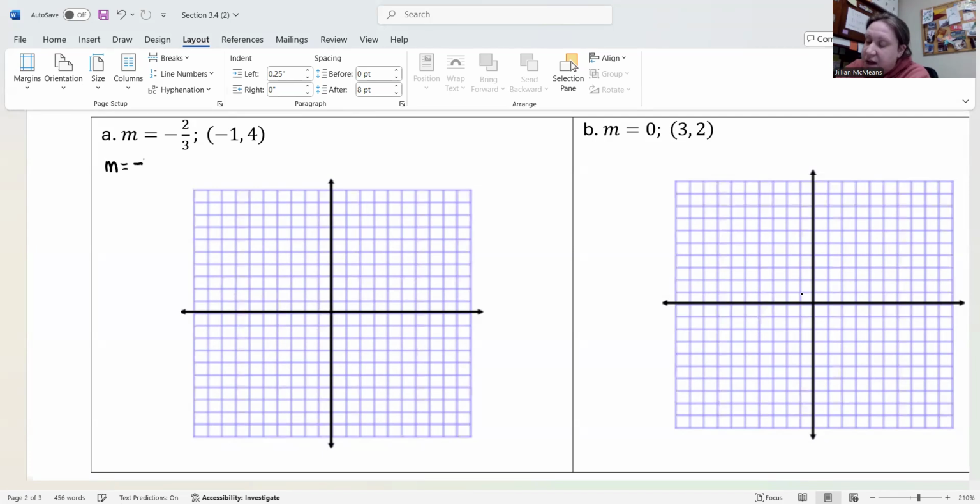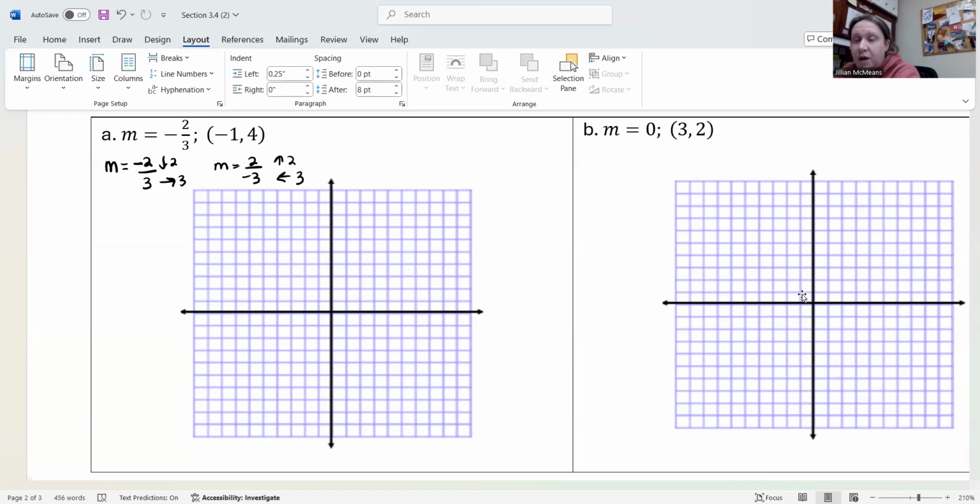So if we think of this as -2/3, that tells us to go down 2 and then to the right 3. However, if I think of this as 2 over -3, it's still a negative slope, but in this case, we would go up 2 and to the left 3. So just be really careful when you apply your slope, and always know that you can apply it in two different directions, okay?